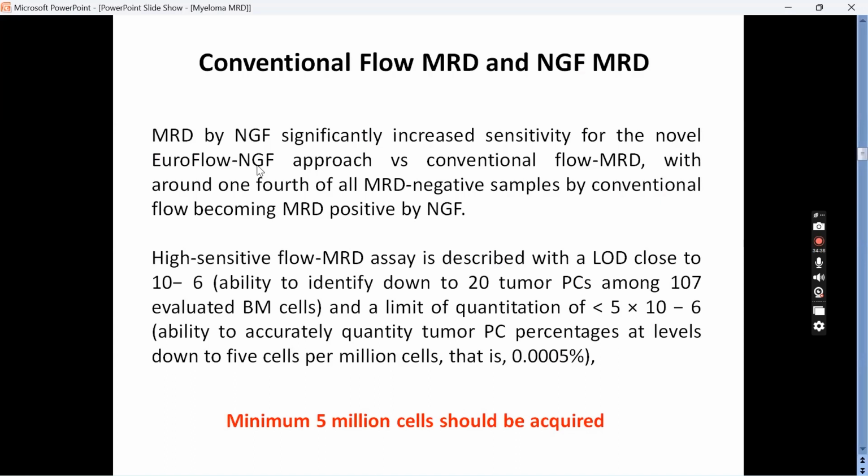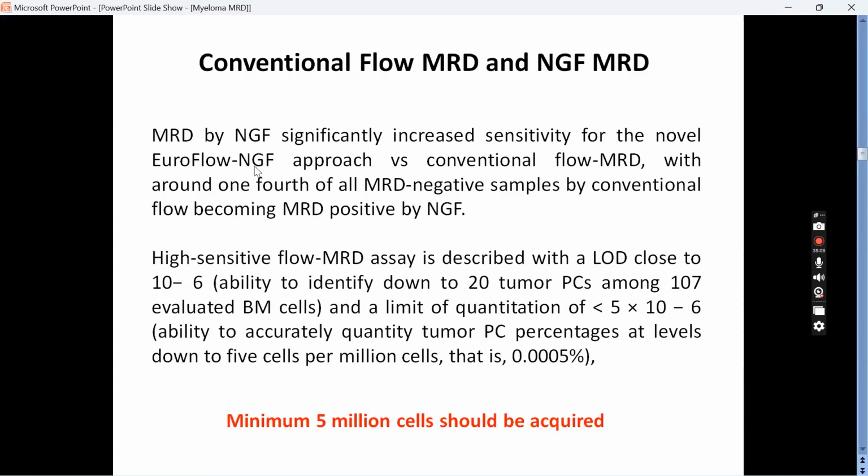I have seen some people who discussed next generation flow cytometry for myeloma without kappa lambda markers, which is not possible, which is not great. So when I say NGF or high sensitivity flow cytometry, it has to satisfy the number of events that has to be acquired, and also the minimum number of markers which has to be there in the panel. When everything is satisfied, then you can call it next generation flow or high sensitivity flow.